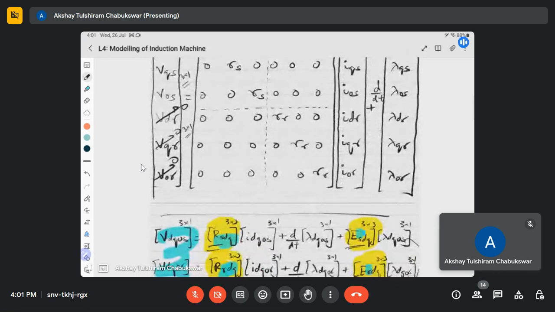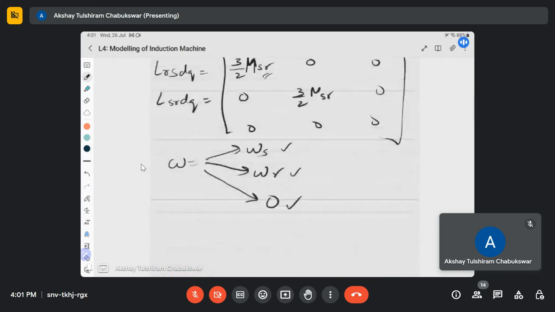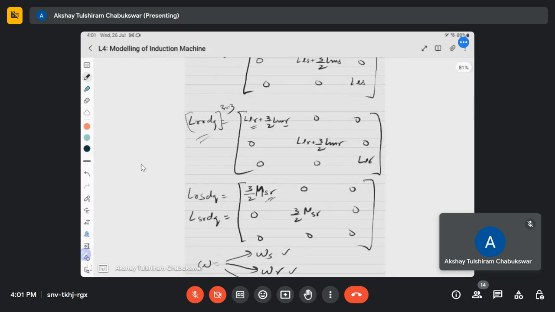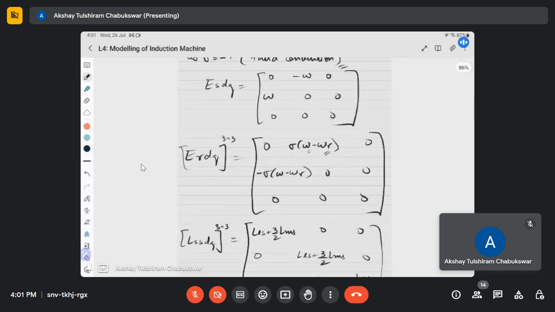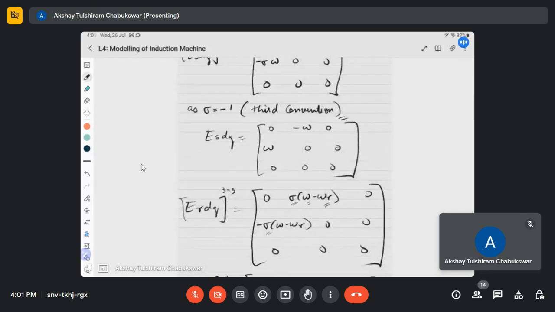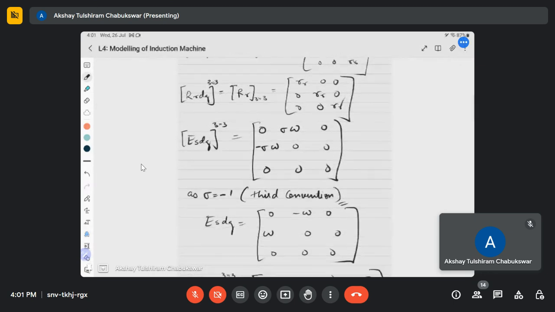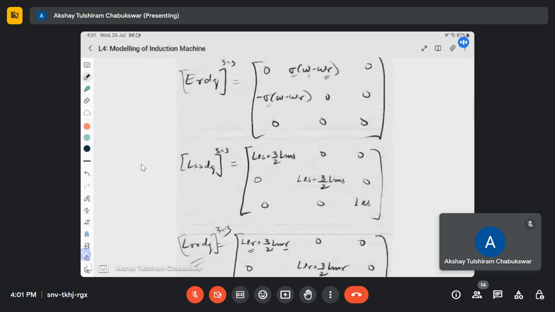Once we have a generic model of the induction motor, you can see that these matrices are only a function of constants and some other constant like sigma, which depends on the choice of reference frame. So we have done a very generic model of the wound rotor induction motor in an arbitrary DQ reference frame.